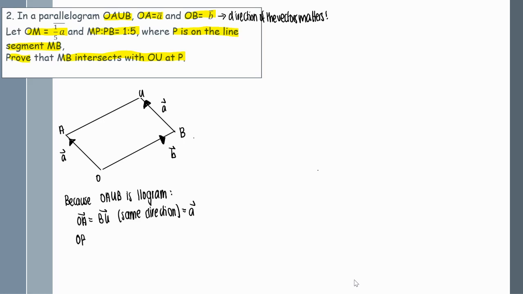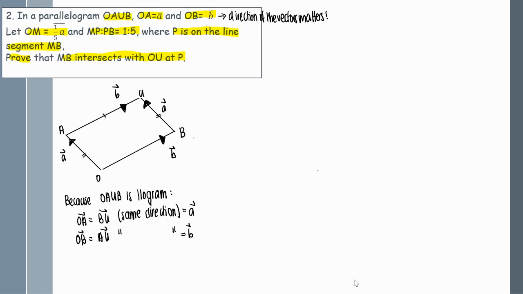That means BU will be vector a, and the direction here, again, very important, must be in the same direction as OA with your arrows. Vector OB will be the same as vector AU, and both of these thus will be little b. Now we have our shape in terms of vectors.